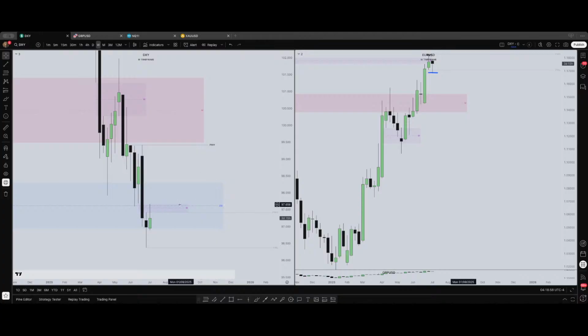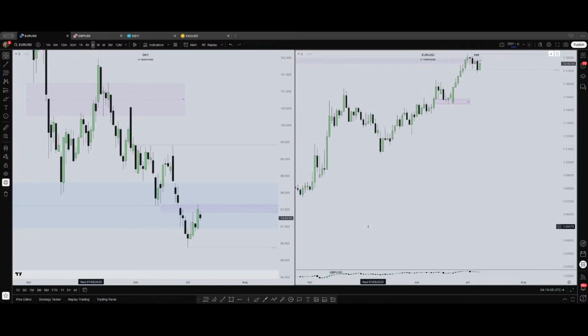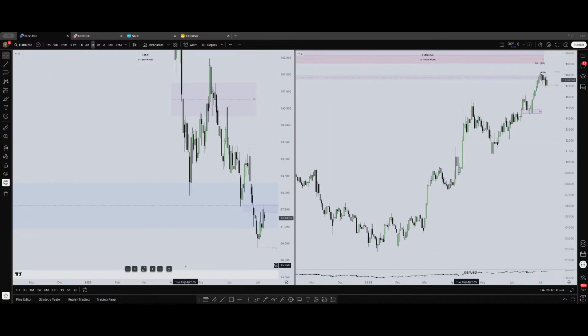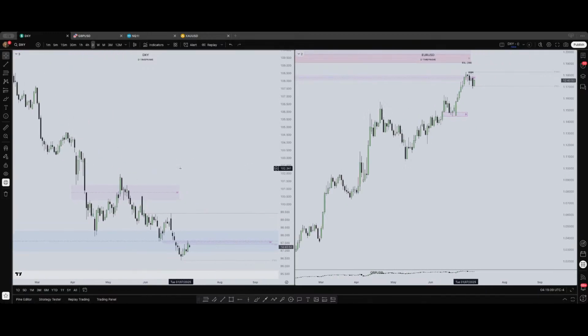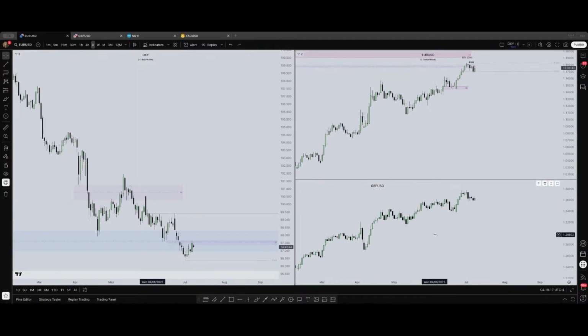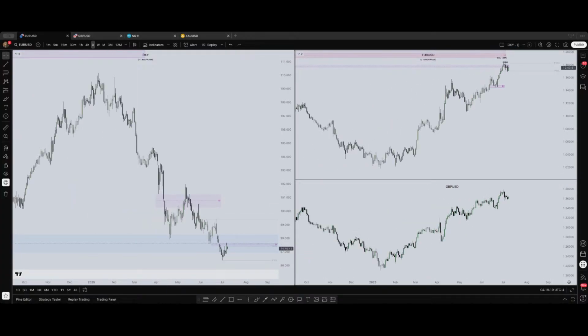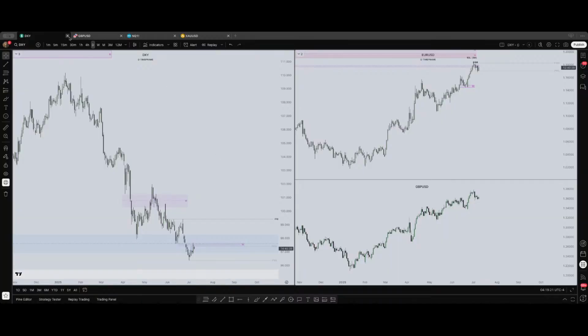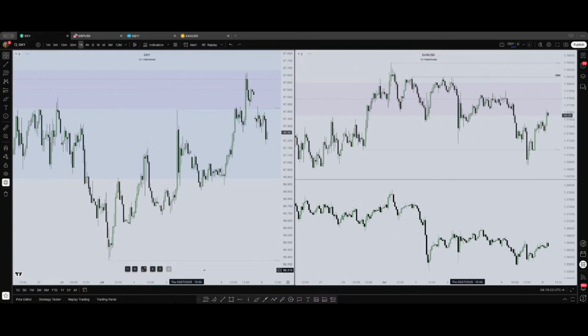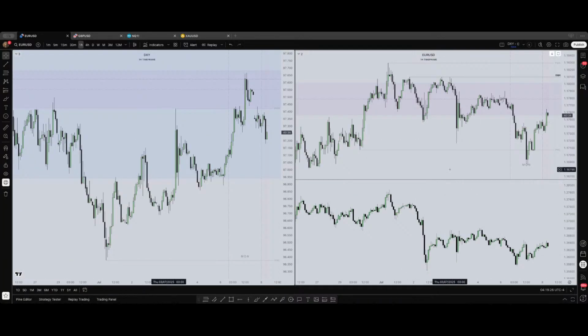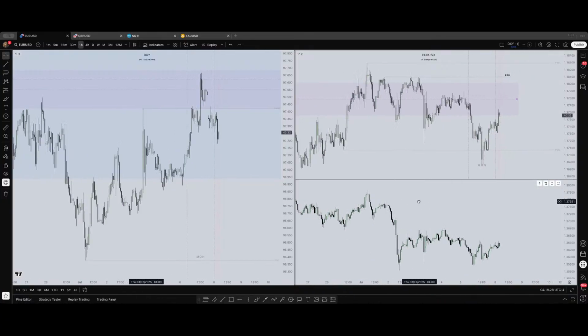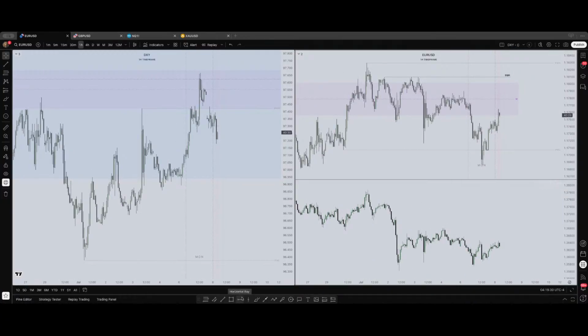Yeah, for me, Amir, I use a different concept of SMT divergence. Let me show you. Maybe you also know it, but just as an example, I was looking yesterday at GBP USD, which is here, and let me go to 1 hour. So as you can see, the SMT divergence for me is this.